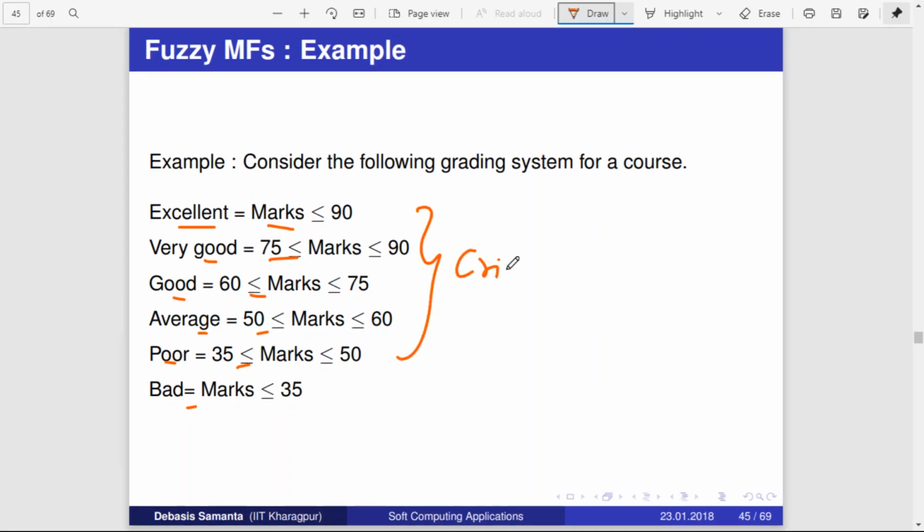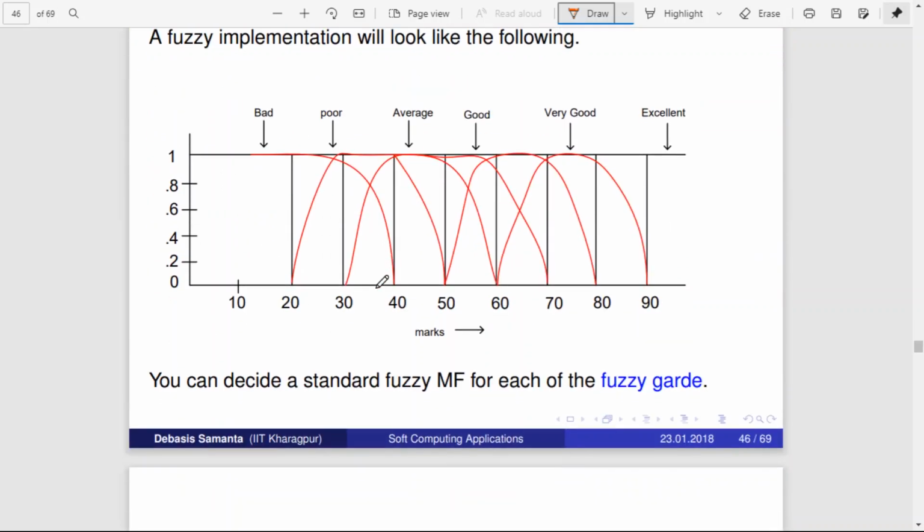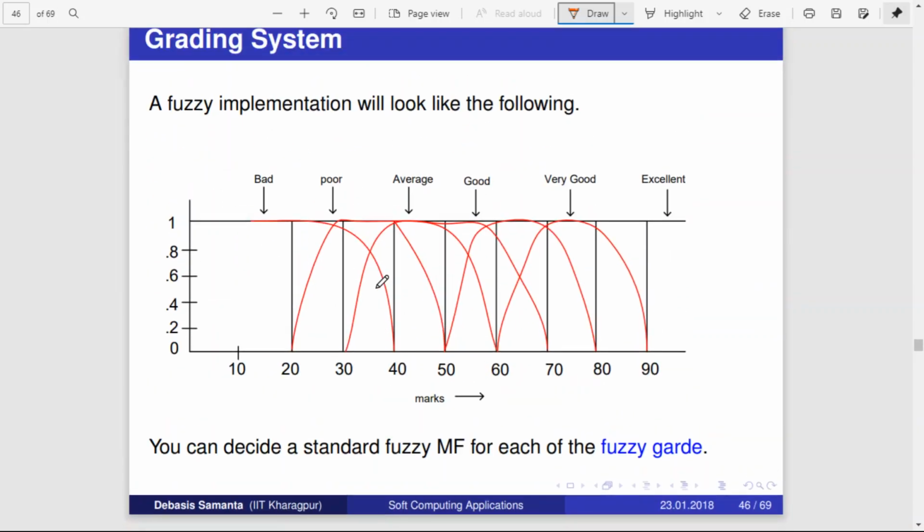So this is a crisp classification, but now when you apply it on a fuzzy one, it may be something like this, depending on the membership function. Currently you don't see these red curves, you ignore these red curves. If you ignore them, then this is nothing but a crisp thing.